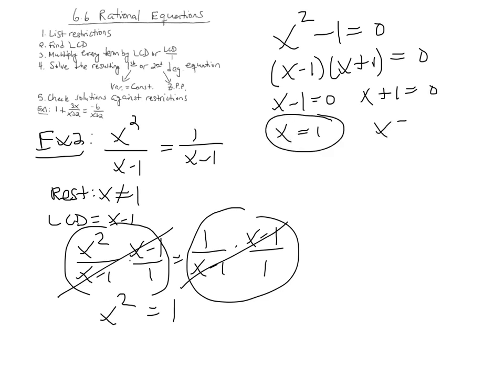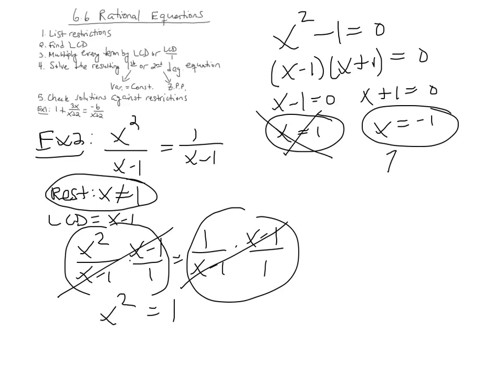And we see that x equals 1 or x equals -1. But don't forget step 5 to check your solutions against your restrictions. Our restriction says x cannot be 1. So this cannot actually be a solution. So the only solution to this problem is x equals -1.